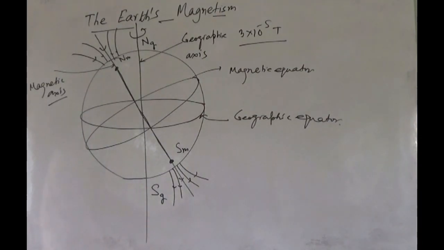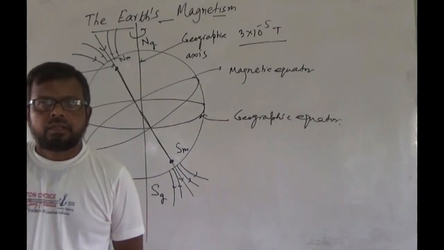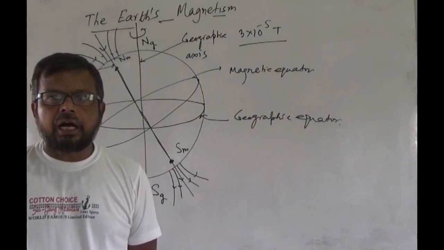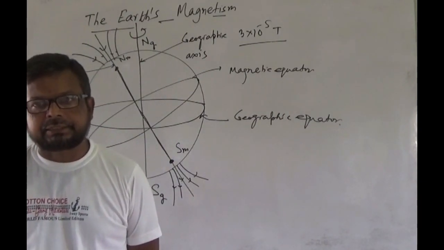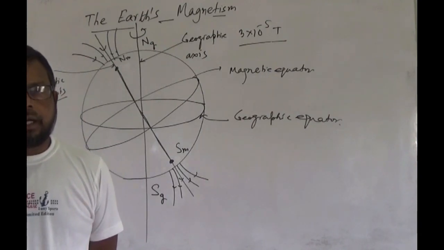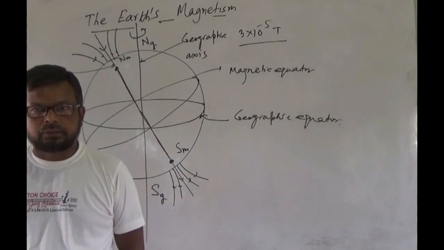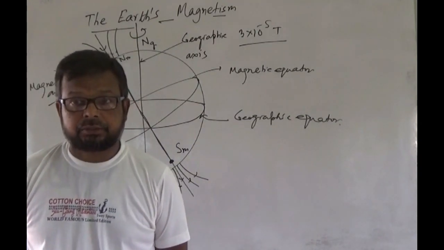Now, the magnetic field due to Earth's magnetism has both magnitude and direction. The magnitude and direction of the magnetic field of the Earth at a place are completely given by three quantities known as magnetic elements.